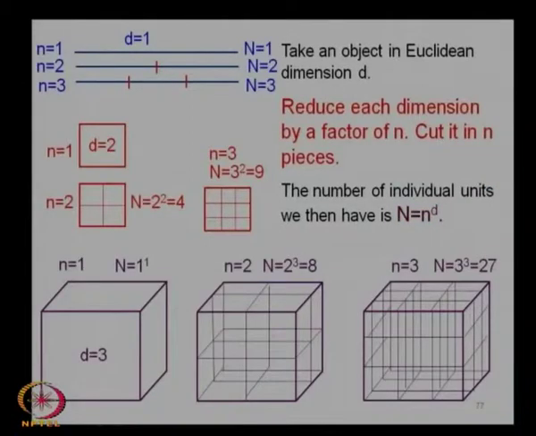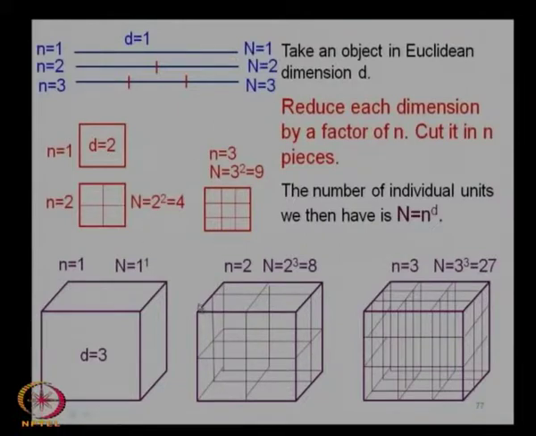Let us do it with a cube. So, you take a cube, this is a 3 dimensional object, so d is equal to 3. You divide each side into one part, which is the same as the part that you began with, so you have one piece. Now, you divide each side into two parts.